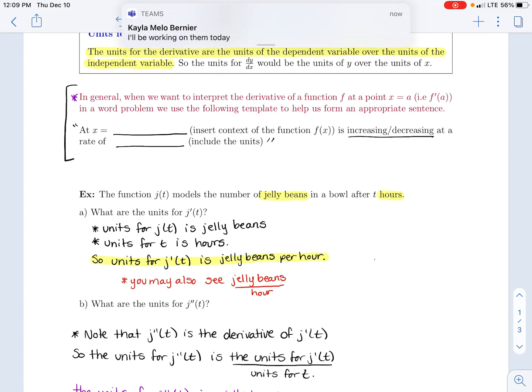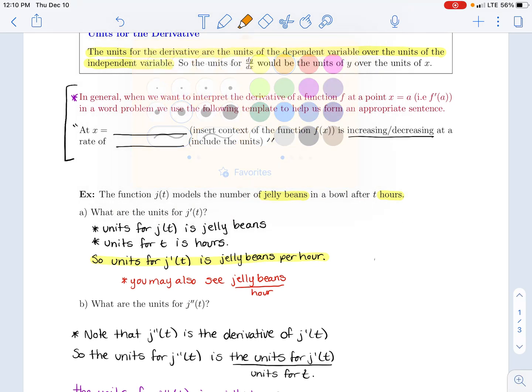At x equals a, insert the context of the function f of x, and then it's either increasing or decreasing at a rate of blank, and make sure that you include the units. This is the general idea of how to formulate your sentence when interpreting the derivative at a point.